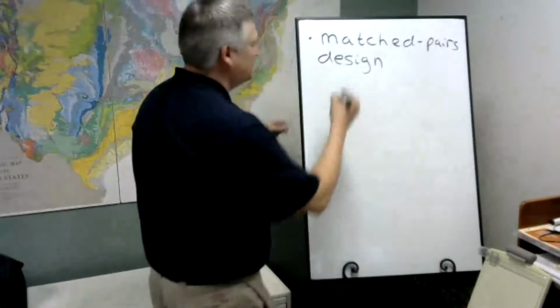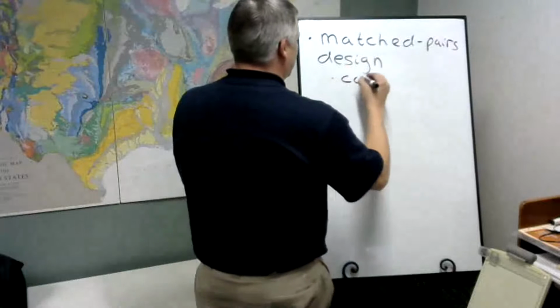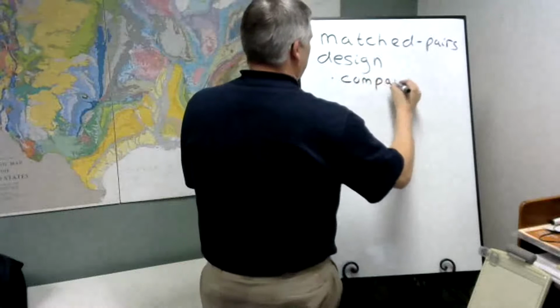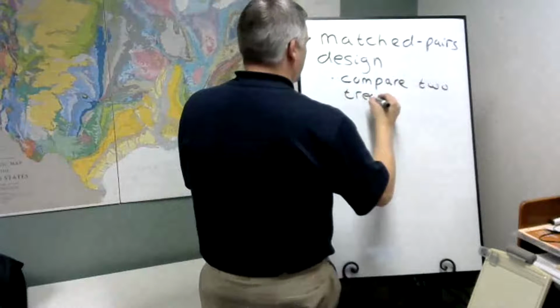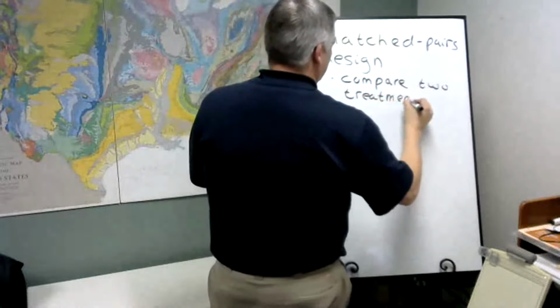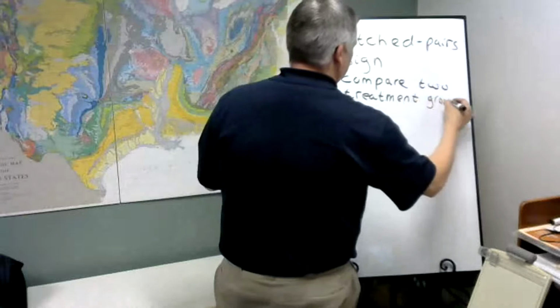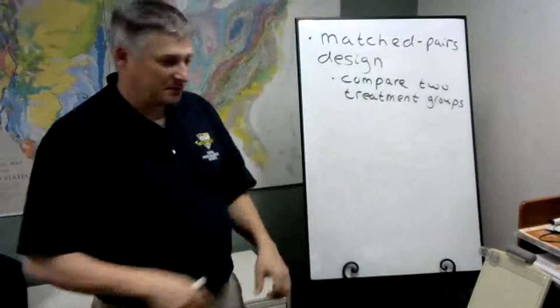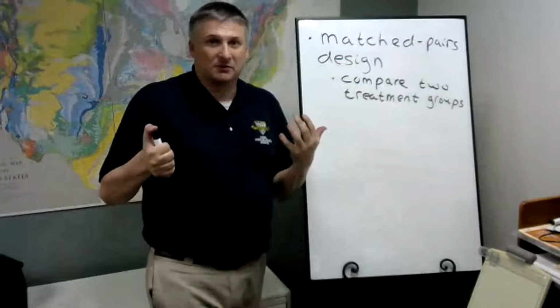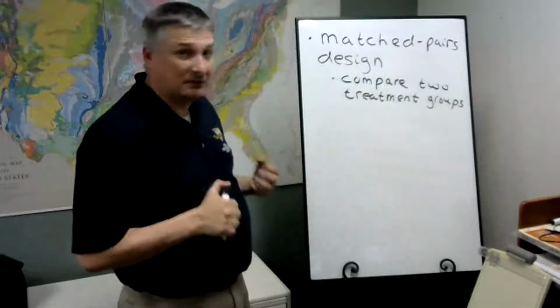So what we do, it's used often to compare two treatment groups. So we're going to say we're going to test two drugs. You want to see how effective they are. All right. Well, let's take a look.